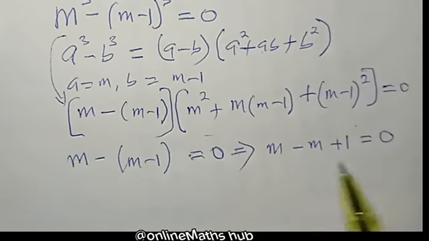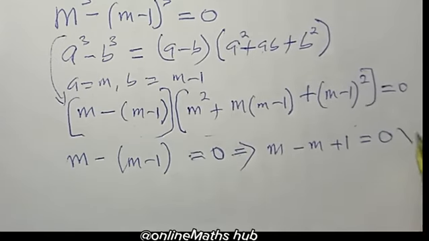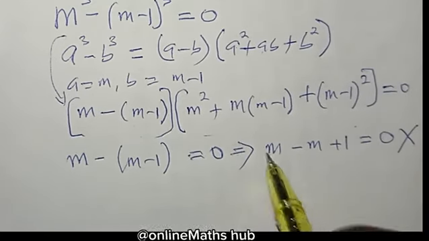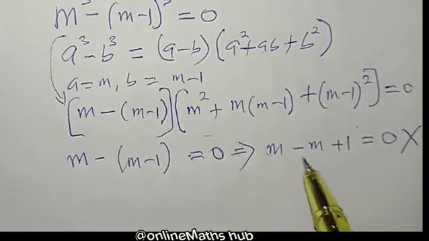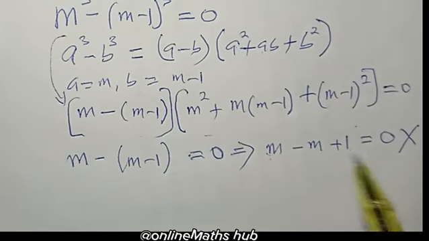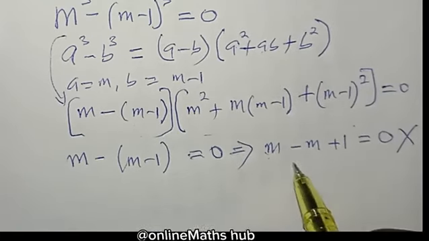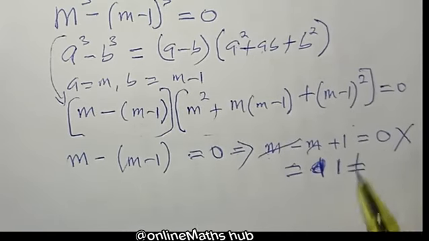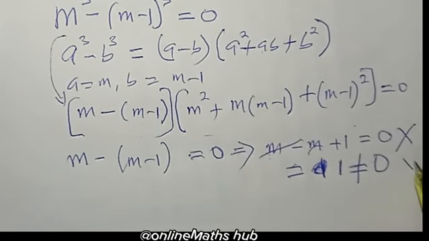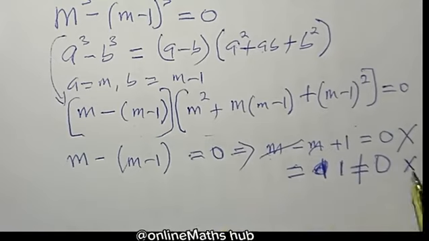Obviously you can see that this is not equal to 0. This is actually 1, because this minus this gives us 0, and so this whole thing now gives us 1, and of course you can see that this is not equal to 0, so we can pick a solution from here.